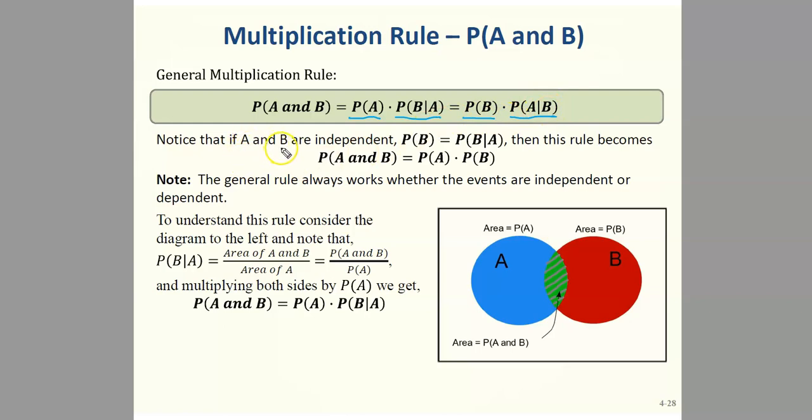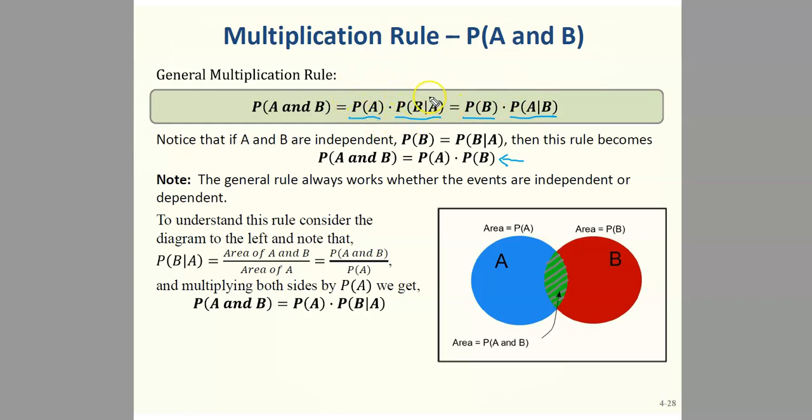Now, if the events A and B are independent, then the probability of B is the same as the probability of B given that A occurred, in which case our multiplication rule becomes this right here. But I recommend that you use the general rule of multiplication up here because this always works.